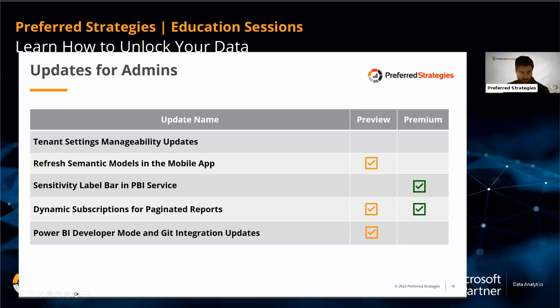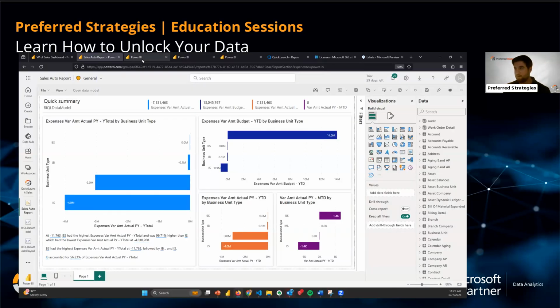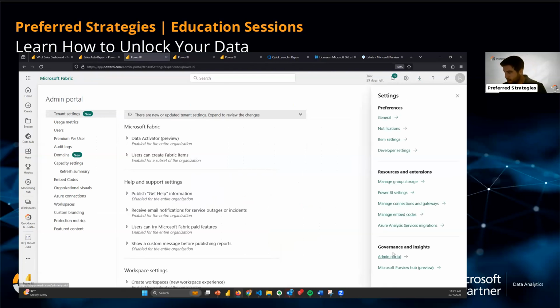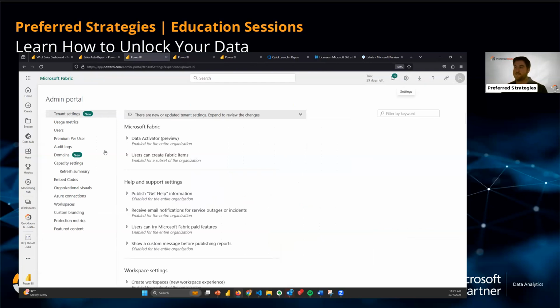So I'm going to come here to the Power BI service again, and this time I'm going to come to our admin portal, right? So settings, admin portal takes us out here, and the first one I can see is my tenant settings. And you'll notice now that you get these new flags or icons that say, hey, this is new. Maybe you haven't checked this out yet.